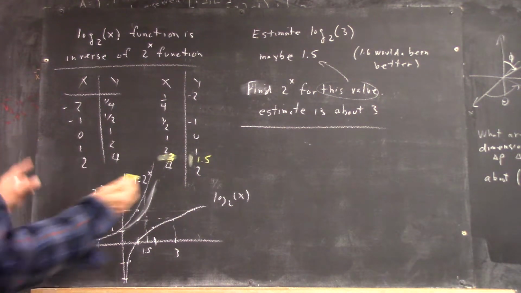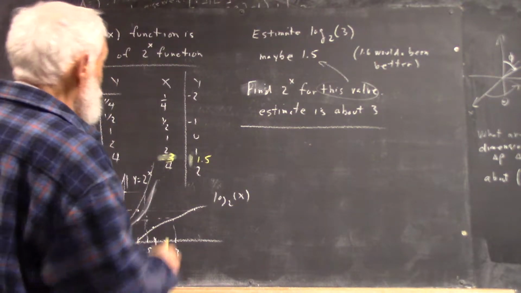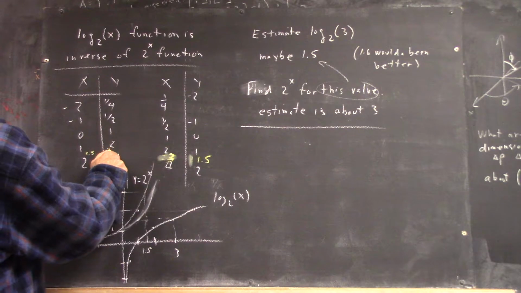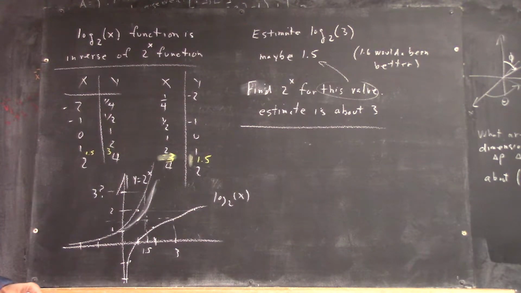You'd expect to see the values reversed. Well, 1.5 would then go in the first column, that would be here, and it would give you 3, right?